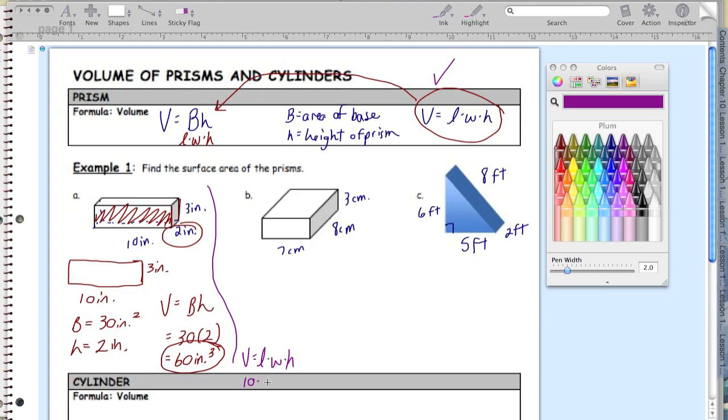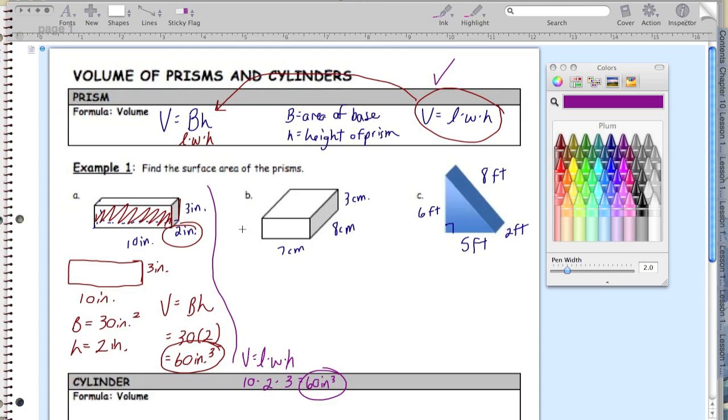Width, 2. Height, 3. 10 times 2 is 20, times 3 is 60. So I'm still going to get the right answer. And notice it doesn't matter what you call your length, width, and height, because of the commutative property of multiplication, you can do them in any order.